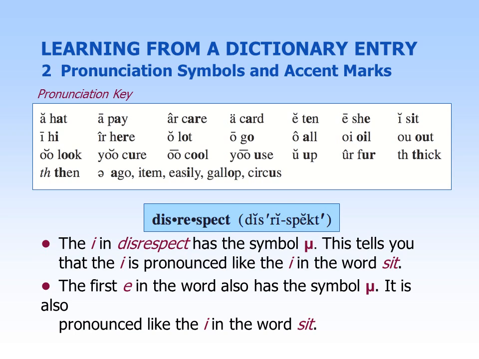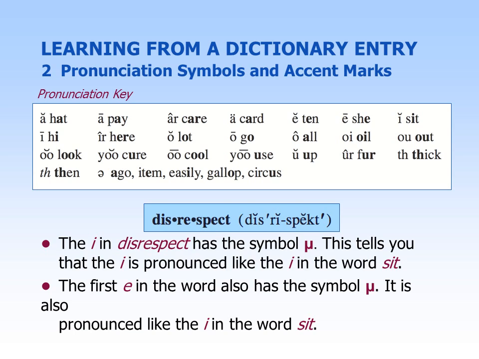But let me go ahead and go side to side and speak the words and pronounce the sounds for you. This is a short A as in hat. Long A as in pay. Air as in care. R as in card. Short E as in ten. Long E as in she.